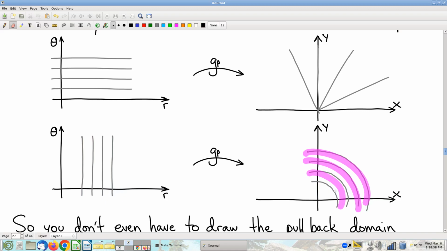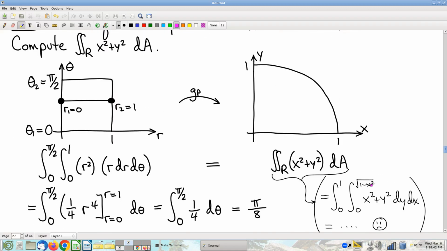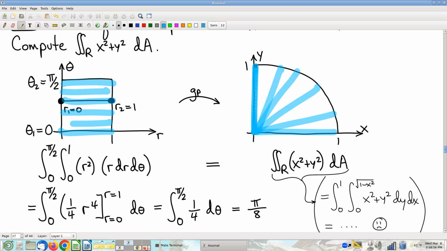So, the point of view we're going to take is that instead of slicing up the pullback domain explicitly, I'm going to implicitly slice up the pullback domain by just looking at what those slices look like over here on this picture that I already have. And I can see it just as well, and I already have that picture on the right, so might as well use it.